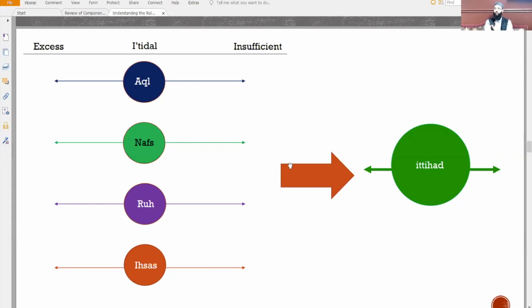The nafs might be moderated, the aql might be moderated, but they might still have different drives, even if they're in moderation. What we want to do is transfer and unite these things together so that they're serving the same aims and the same goals. So that's the process of change.